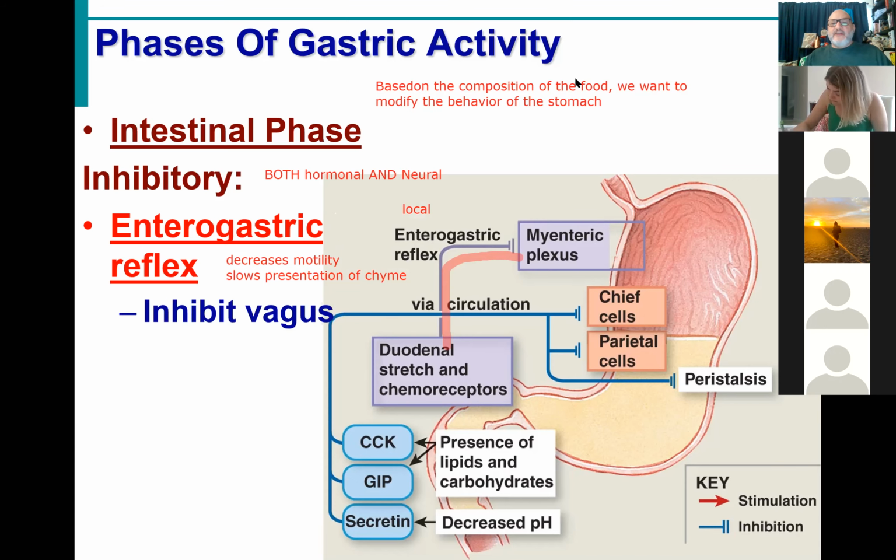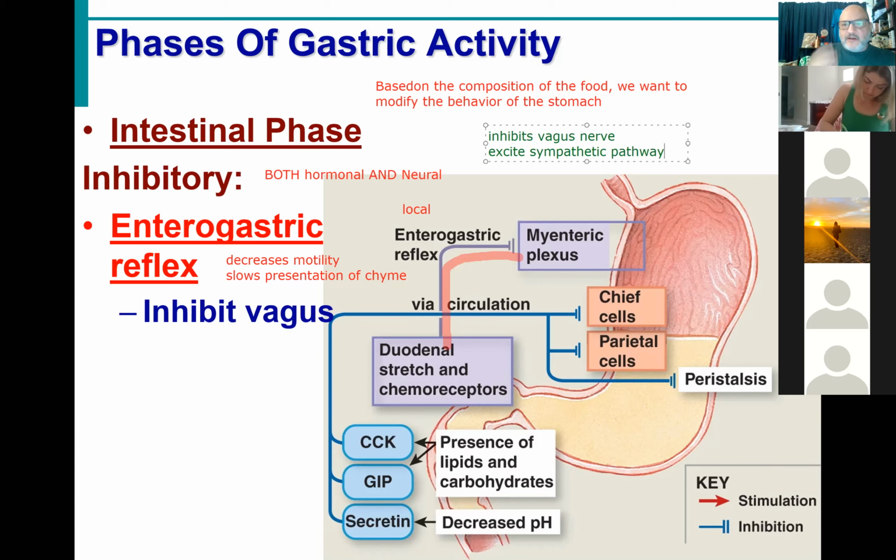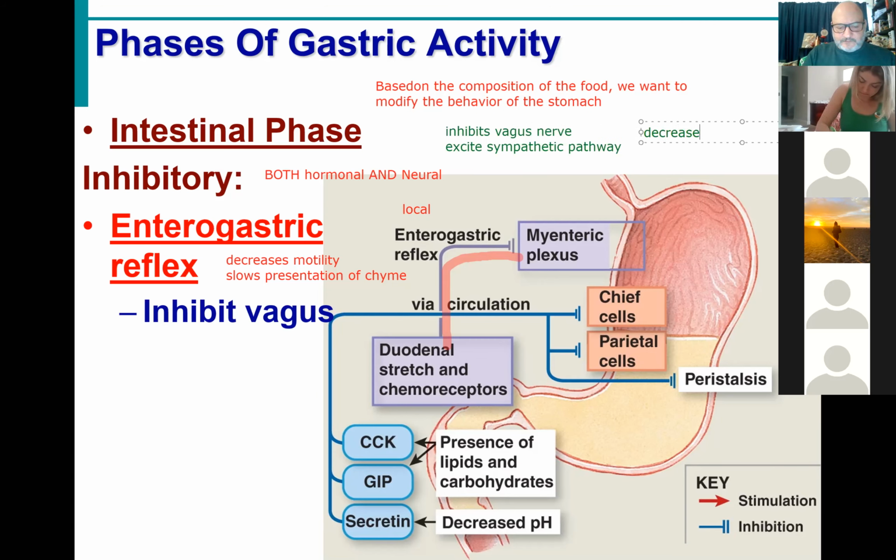This enterogastric reflex will also, and I'll write it up here, inhibit the vagus nerve, so we get less excitation, and it can actually excite the sympathetic pathway, which again, both of these things, inhibiting the vagus nerve and exciting the sympathetic pathway, decrease the activity of the stomach.